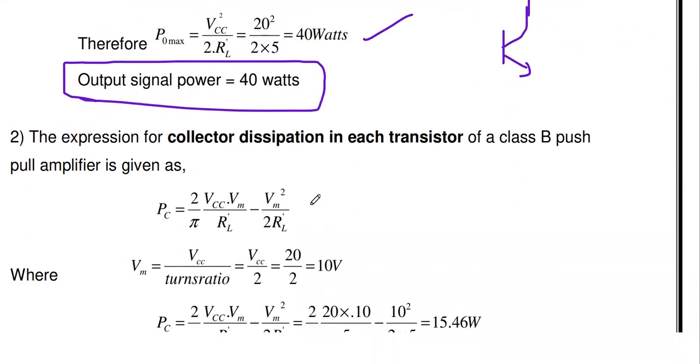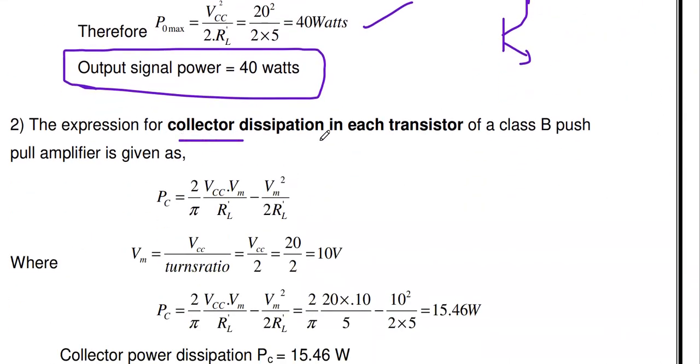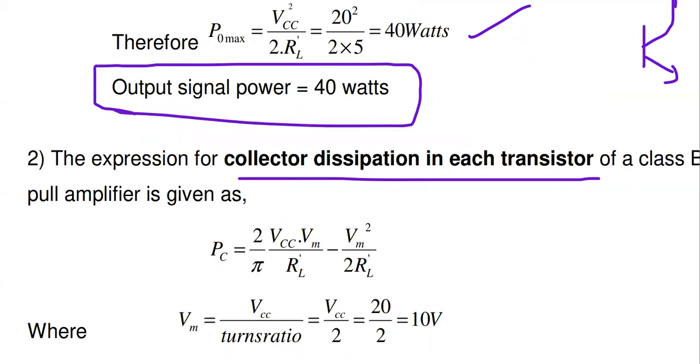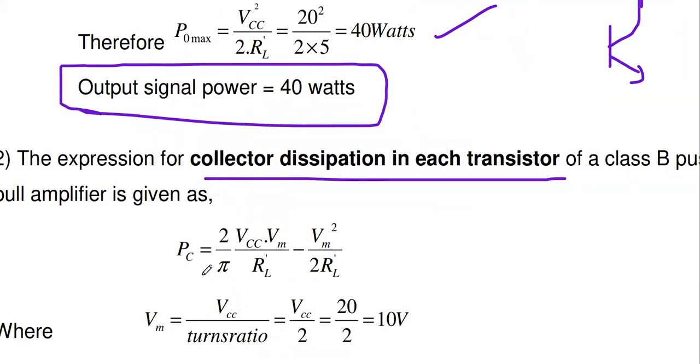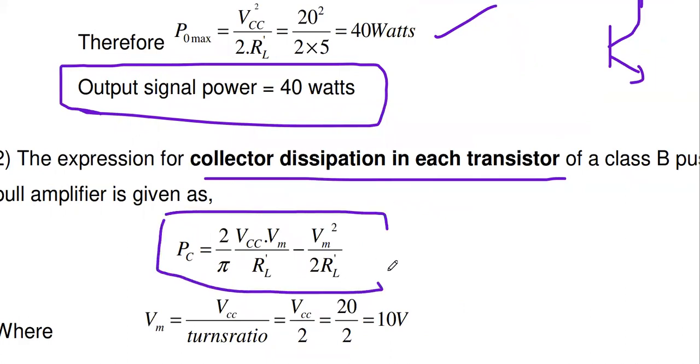Then the second one, the collector dissipation in each transistor. Okay, so what is the collector dissipation in each transistor of a class B push-pull amplifier? That expression is that. So you see, the collector dissipation in each transistor is given by PC equal to 2 by pi VCC into VM divided by RL dash minus VM squared divided by 2 into RL dash.